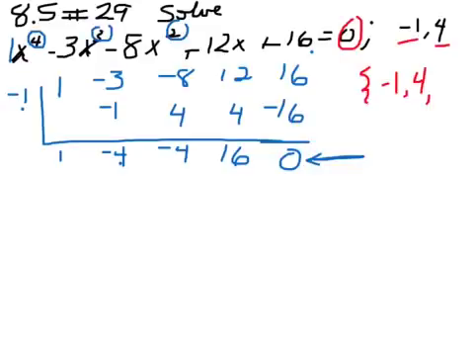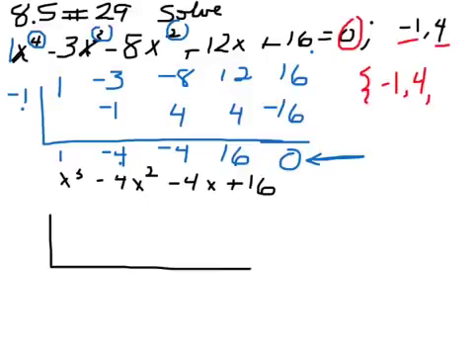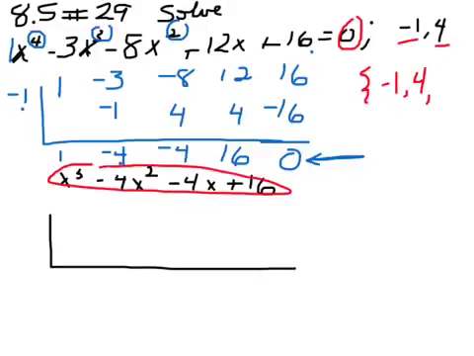Now, if you think about it, what I really got here is now it's down to 1x cubed minus 4x squared minus 4x plus 16. But you know what? What I'm going to do now is go ahead and do synthetic division again, because I've broken it down once by taking out the factor x plus 1.